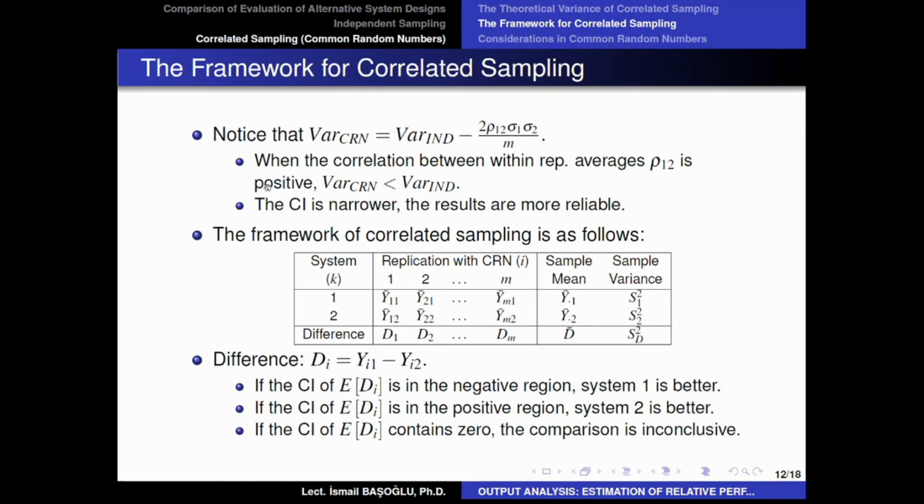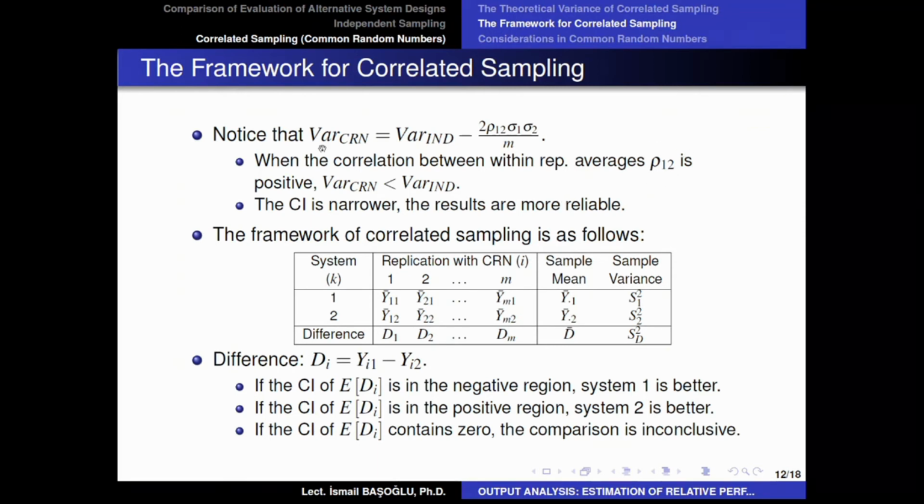Okay, now very less frequently, so almost never, but sometimes it happens that even though the random number sequences are the same, within replication averages may not be positively correlated, may be negatively correlated, but we need to be careful about this situation. I am going to explain when rho 1,2 can be negative. We do not usually observe that situation in practice, but I'm going to explain when we can observe something like this.